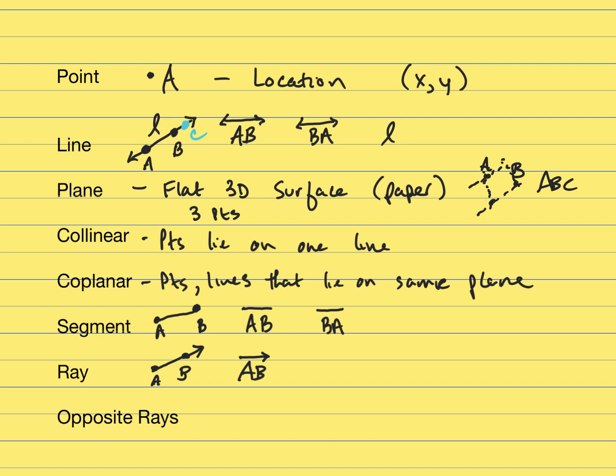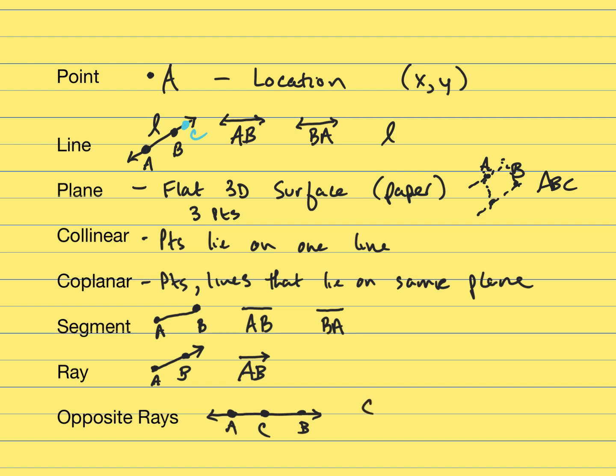And finally, opposite rays. Let's do something like this. Put a point C in the middle, and then we'll have our typical A and B like this, going off in both directions.